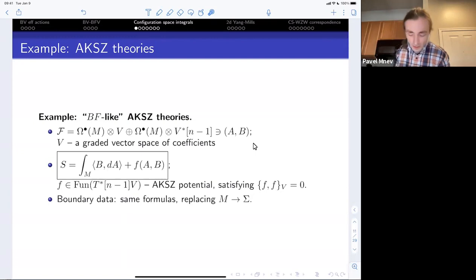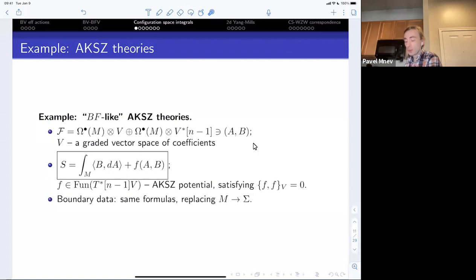The main construction is hidden in the middle of the paper in one paragraph, as far as I remember. Essentially those are theories where the space of fields is modeled on the space of differential forms, non-homogeneous differential forms. And also the quadratic part of the action corresponds to the de Rham operator.